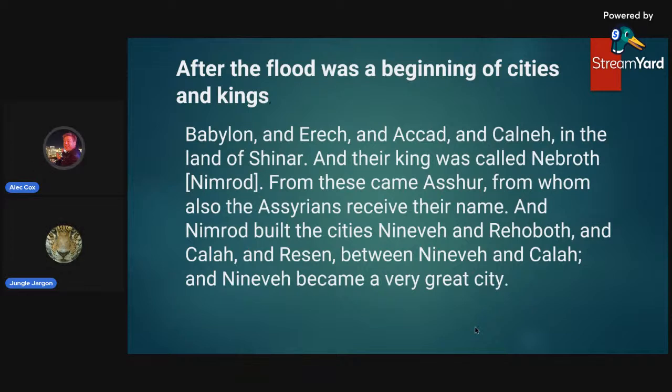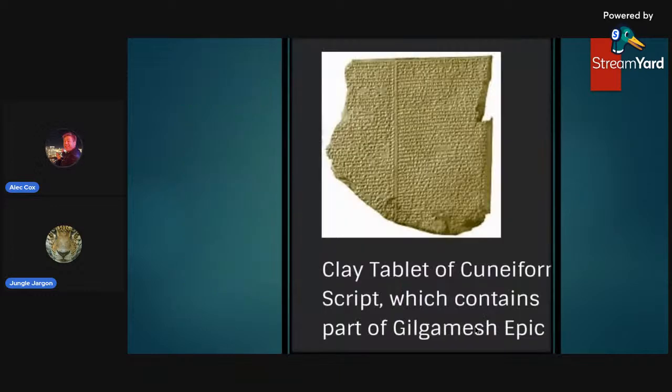And Nimrod built the cities of Nineveh, Rehoboth, and Kalah, and Resen, between Nineveh and Kalah. They kind of eliminate Babel here, but it was the great-grandson of Noah that started the Tower of Babel. And this is writing that goes way back, the Epic of Gilgamesh, which they've traced. And Gilgamesh, I also believe, is just another name for Nimrod, one of the towns where they found this.